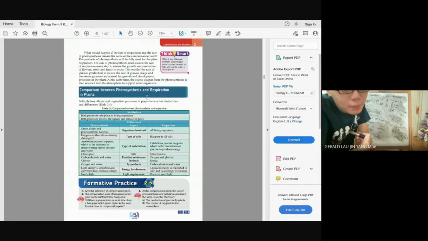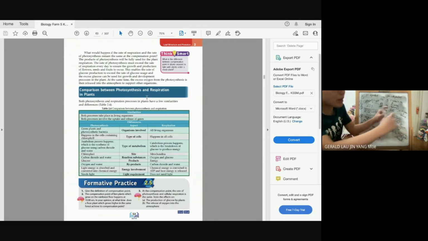Type of cell: photosynthesis happens in cells containing chlorophyll, respiration in all cells. Anabolism, remember anabolism means synthesizing small molecules combined together to form a larger molecule, which is glucose. Synthesis of glucose using carbon dioxide and water. Respiration is catabolism, that means breakdown. Big molecules break down into small molecules. So catabolism happens, breakdown of glucose to produce energy.